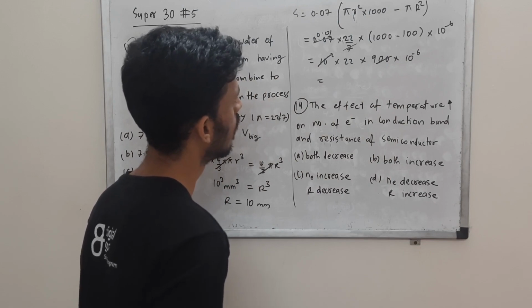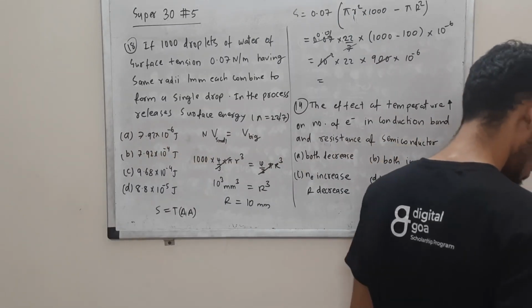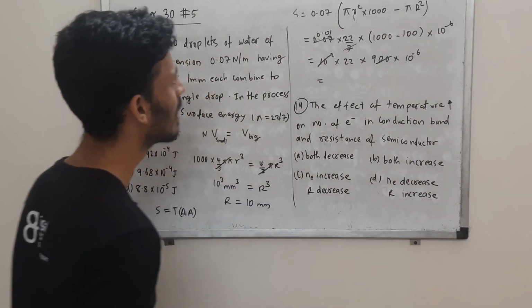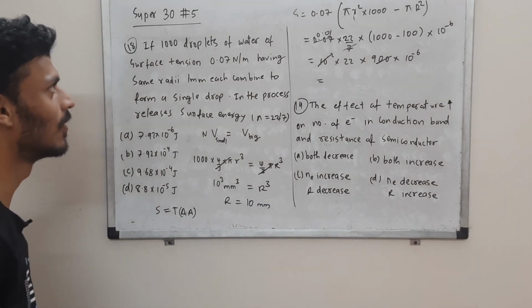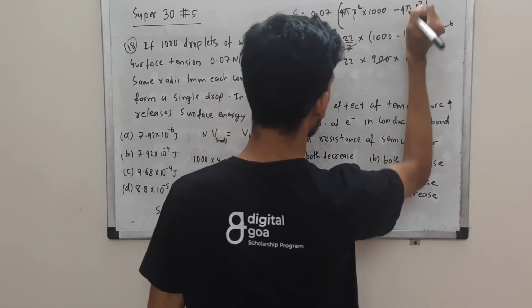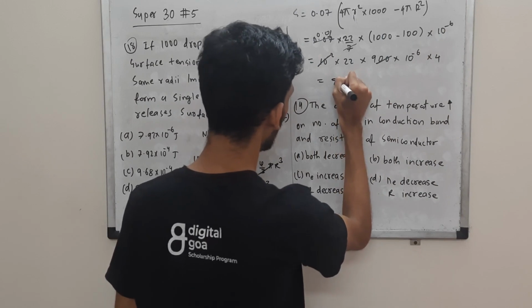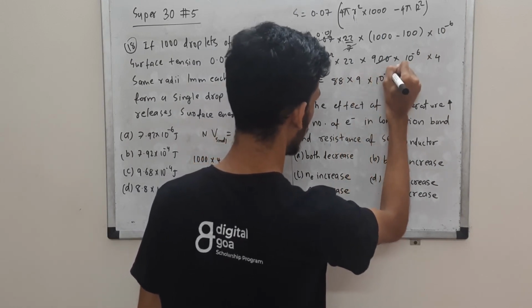Something is missing over here, let me check. A big thing is missing, because this is a sphere, right, and the surface area will be 4πr². One factor of 4 is missing over there, so that was causing confusion. So 88 into 9, and here it will be 10 to the power minus 6 only.